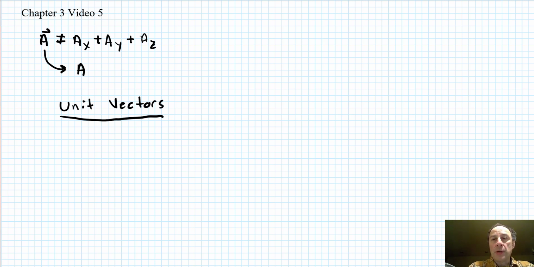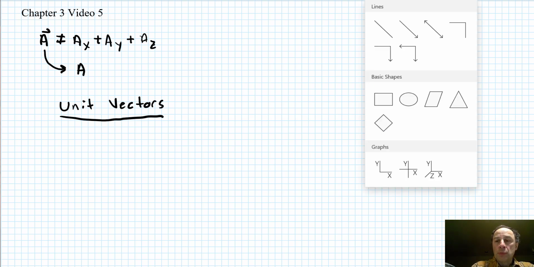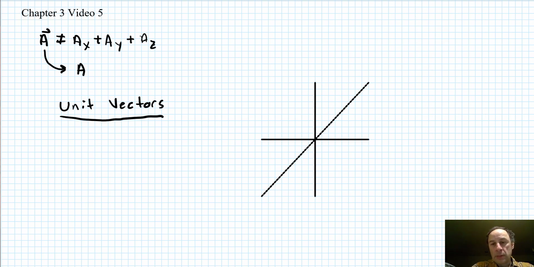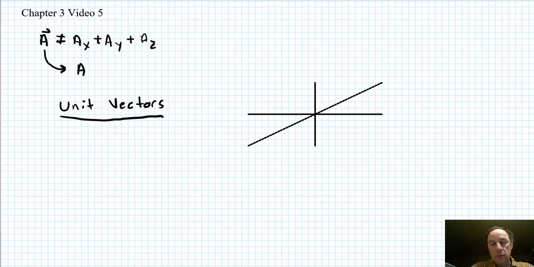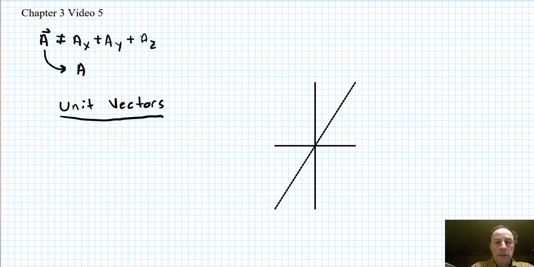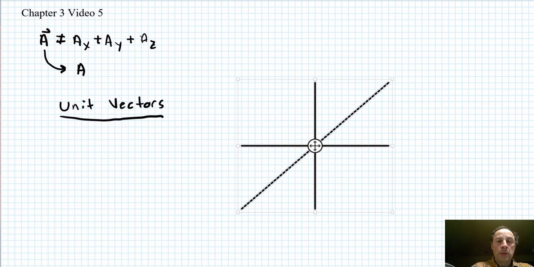All right, so let's set up a coordinate system. Okay, so we're going to make this up here the z-axis.